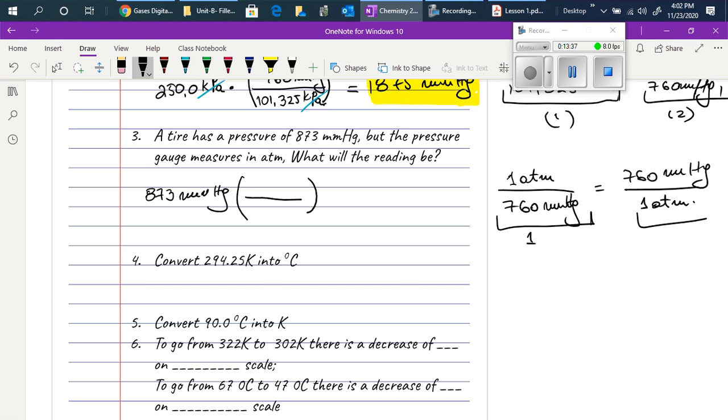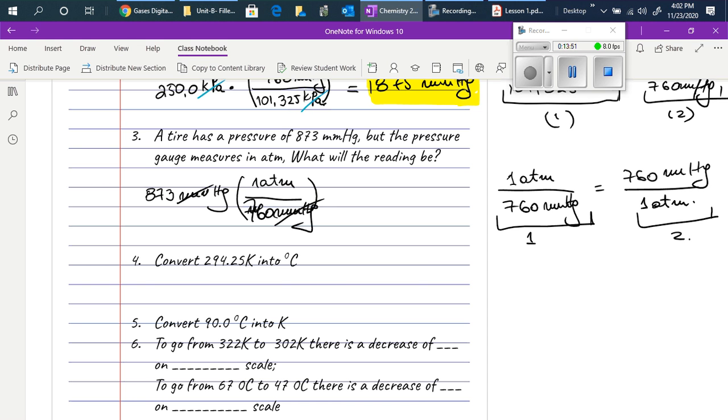Ratio 1 or ratio 2? We will use ratio 1 because we need to cancel the unit, so 760 mmHg. We cancel those two, and the units we will have are in atmosphere.